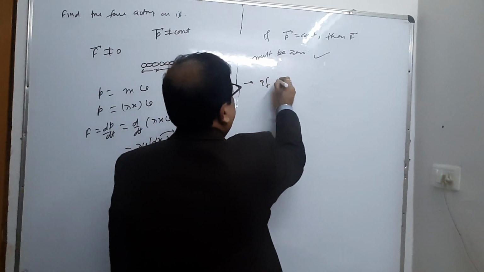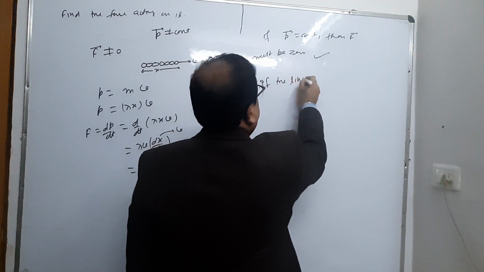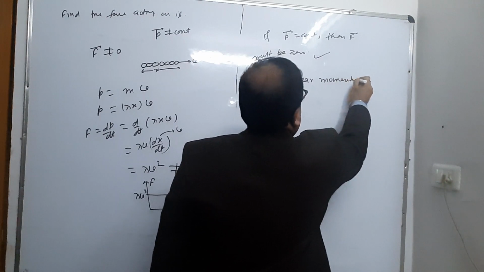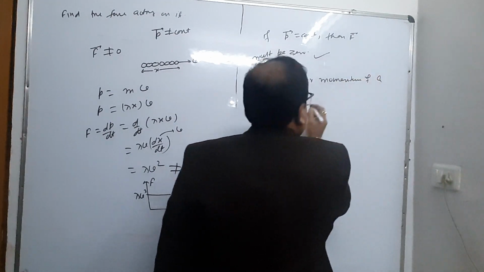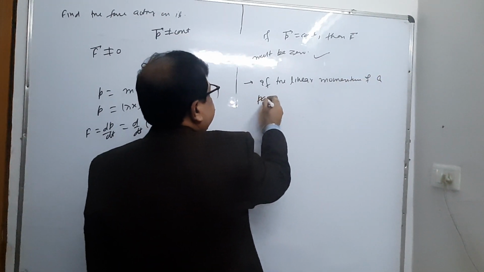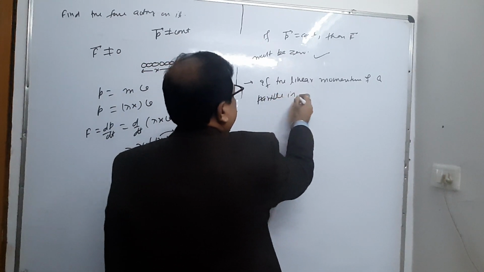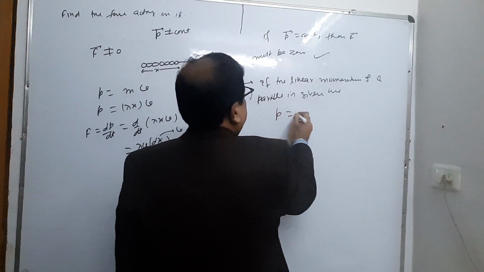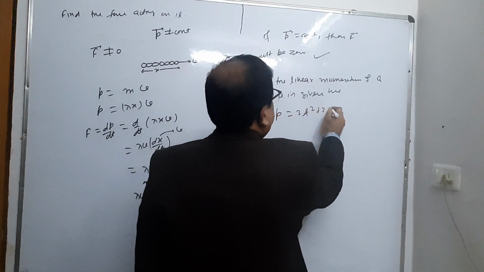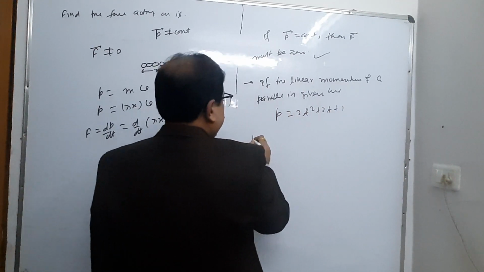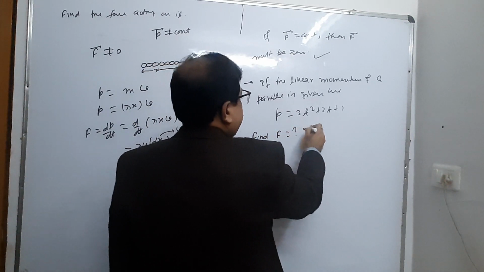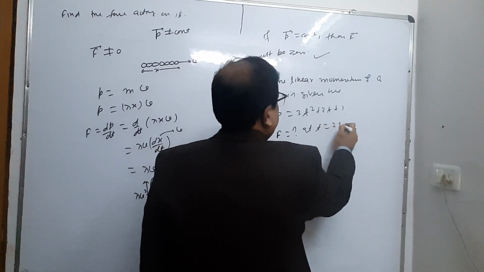Let us take another example. If the linear momentum of a particle is given by 3t square plus 2t plus 1, find the force at t equal to 2 seconds.